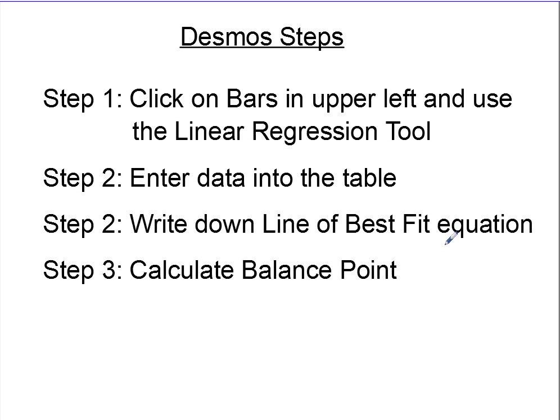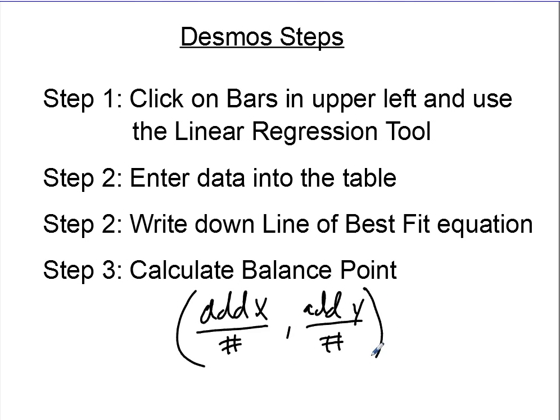Remember, if the picture doesn't look good, you can always use the wrench in the upper right corner to change the way that the graph looks. You then also calculate the balance point by hand. You do that by adding up the x's and dividing by how many there are, and add up the y's and divide by how many there are. That is the balance point.